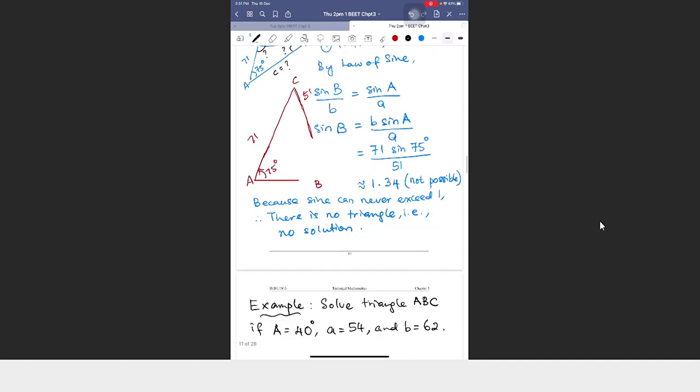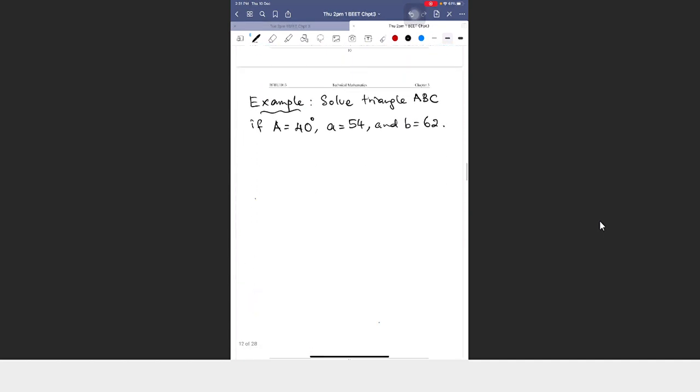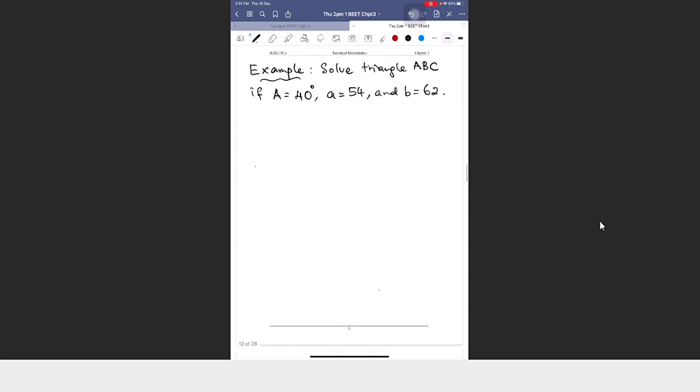The next example. Let's look at this example now. For this example, angle A is given as 40 degrees, small a is 54 and b is 62. Again, solve this triangle ABC. I can draw a rough sketch.